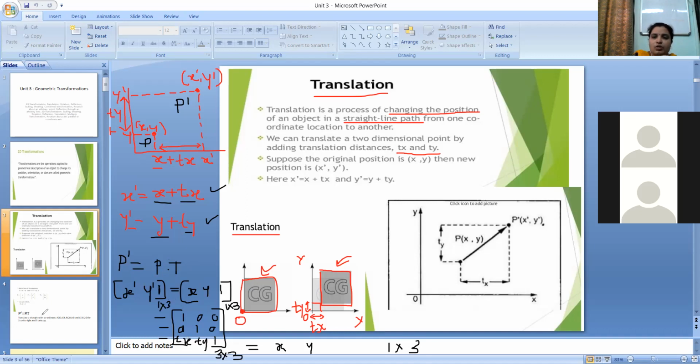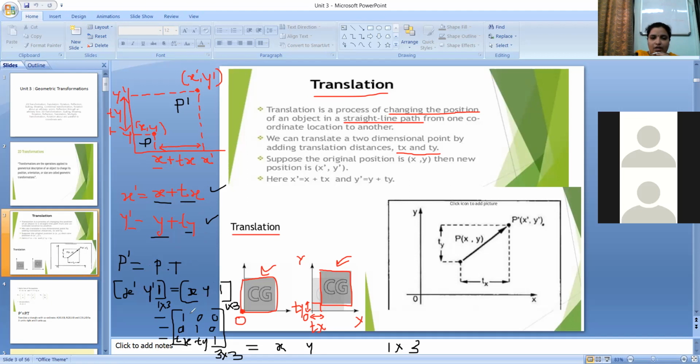Okay. So what I have done, instead of performing addition, I am going to use the T matrix in such a way that when I multiply P with T, I will get these two results. Then see if after multiplying both, you get the same expressions.